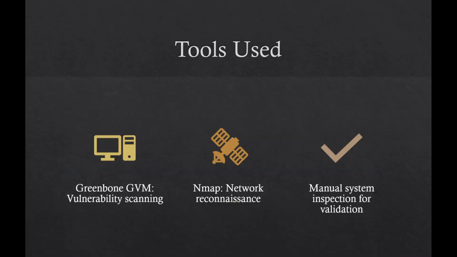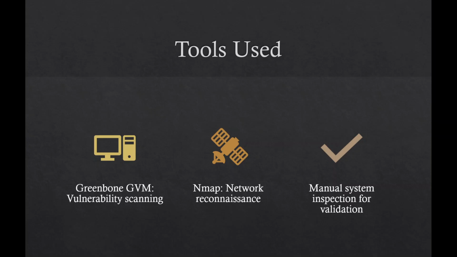So for the tools used, the first tool I used was Greenbone GVM, a powerful open source vulnerability scanner that provides a detailed report of known CVEs and system misconfigurations. It's capable of performing full and fast scans, making it highly effective for broad vulnerability discovery.